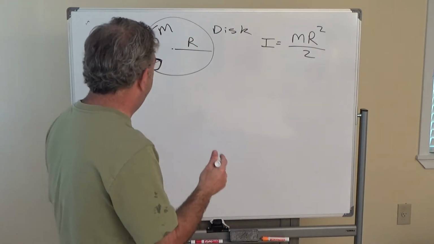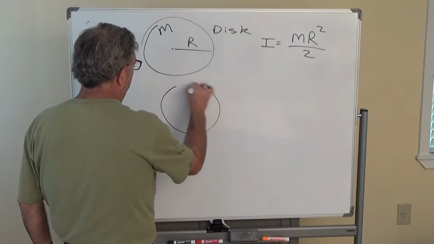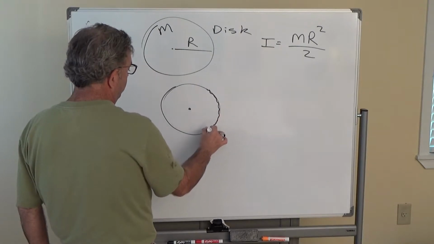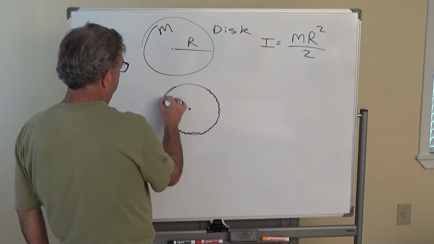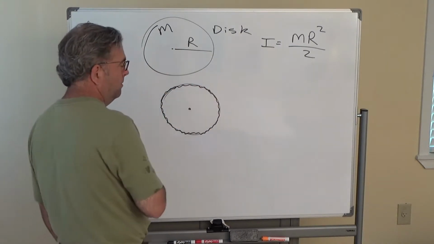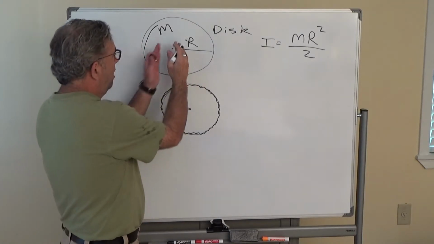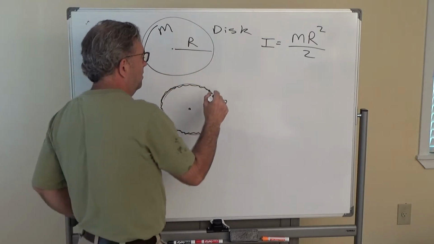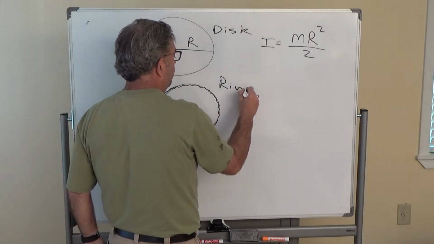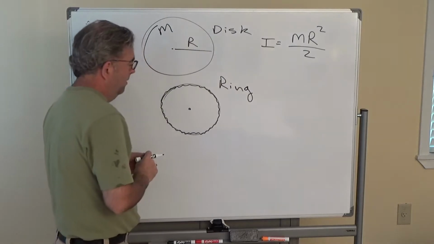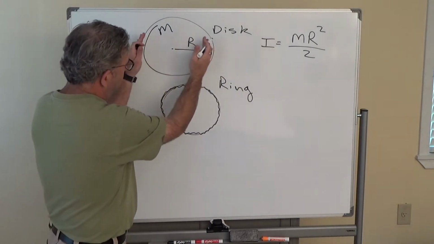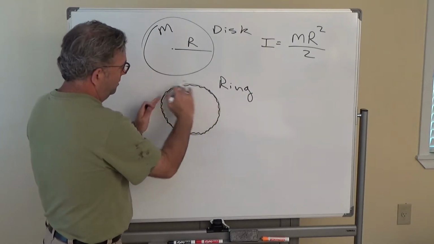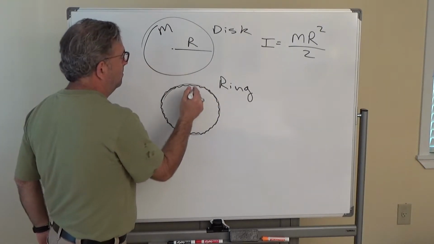For a ring, or a hoop, where all the mass is concentrated at the edge. So take all this mass that was evenly distributed in the disk and concentrate it out here at the edges.